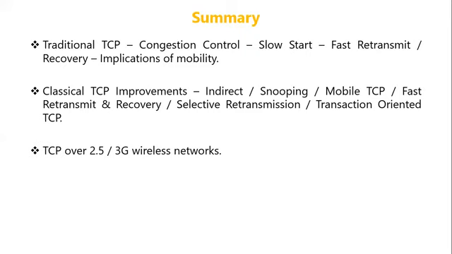In a wireless network, the data loss may not always be due to congestion. It may be due to several other factors, because of inconsistent wireless links, interference, and many other reasons. We have discussed several classical TCP improvement techniques so that TCP will perform well in wireless networks: indirect TCP, snooping TCP, mobile TCP, fast retransmit and recovery, selective retransmission, and transaction oriented TCP.